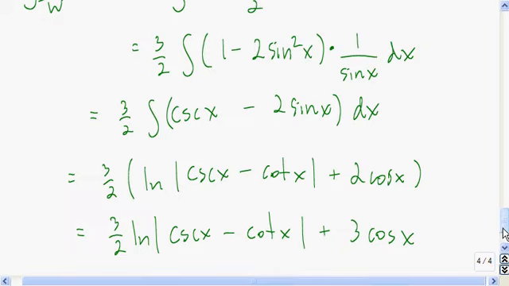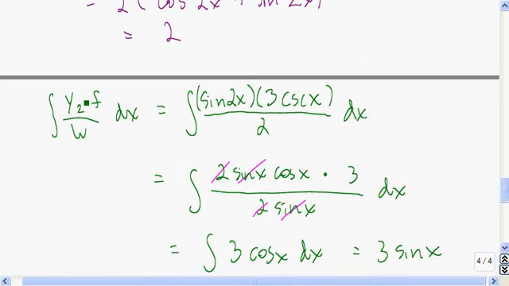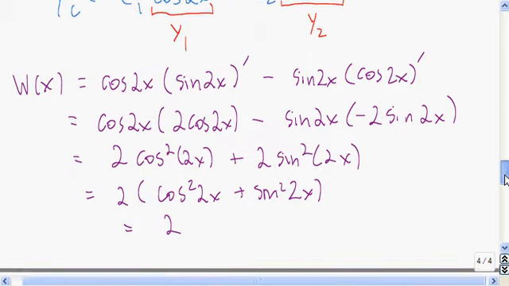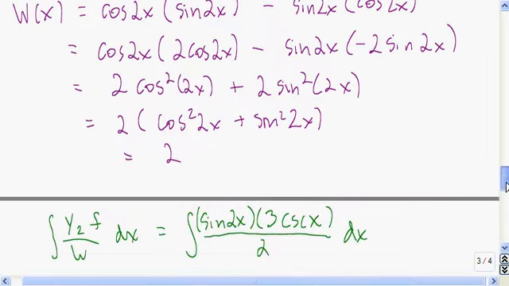All right, so now we're ready to put it together for yp. So first off, we have the integral that had the y2 in it, which is 3 sine of x, gets multiplied by y1, which is cosine of 2x. Sorry, it gets multiplied by negative y1, which is cosine of 2x.